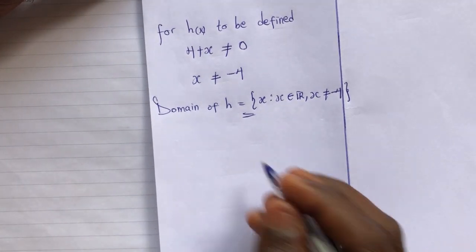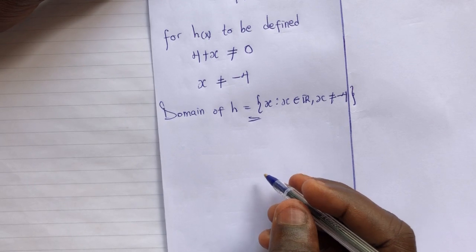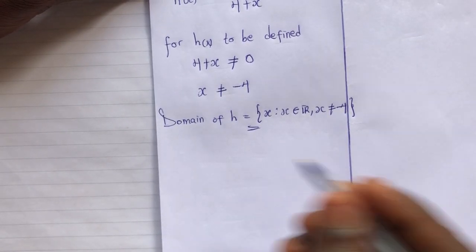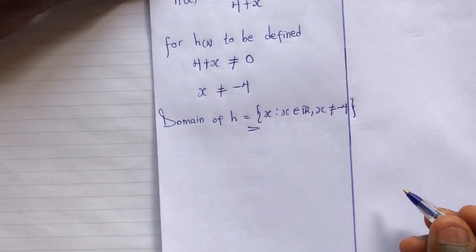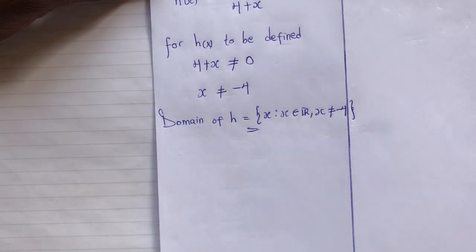Now we move on to the range, and to find the range, we know how we do it. We equate the function given to us to y, and then we find the inverse. Write the statement for the inverse. Repeat the same steps here, and we are done.